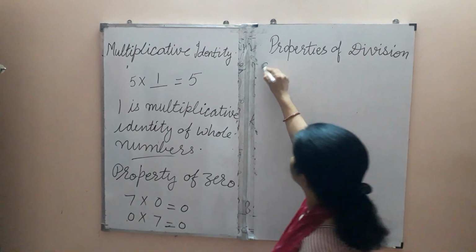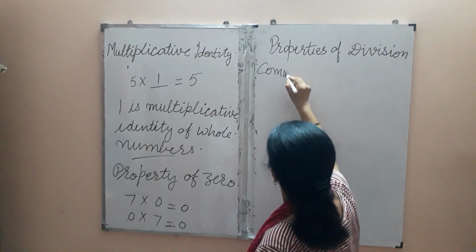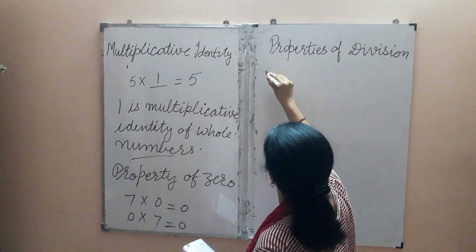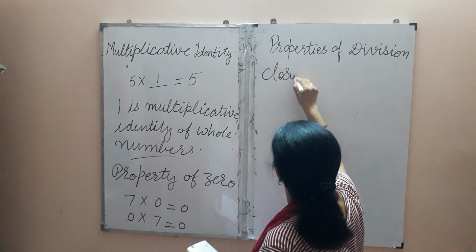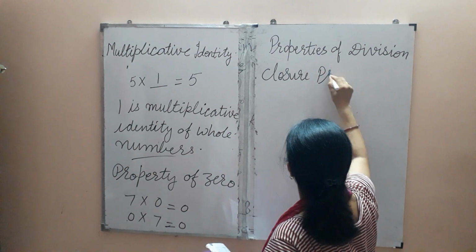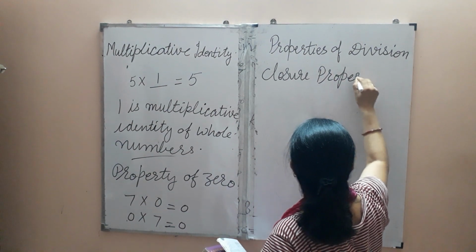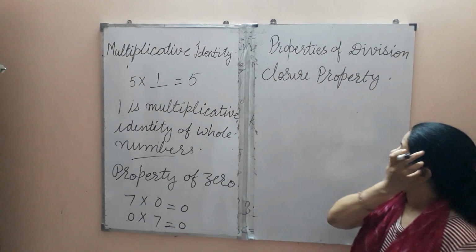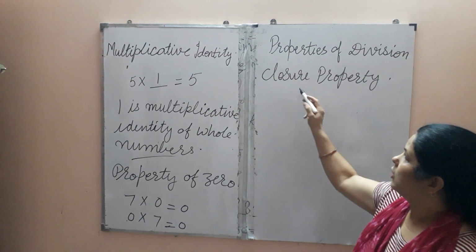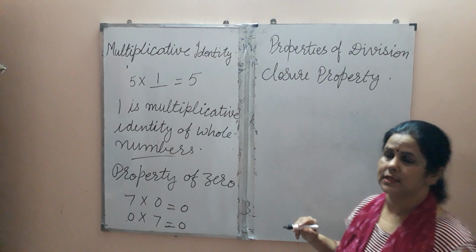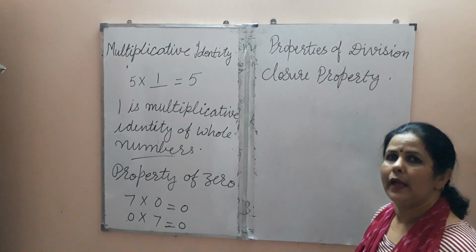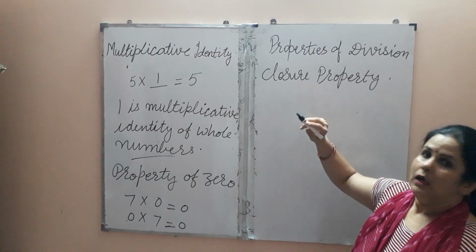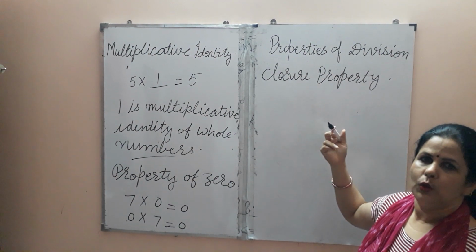First is closure property. In addition, subtraction, multiplication also. What the closure property says is that if we multiply or add any two whole numbers, the answer will also be a whole number.